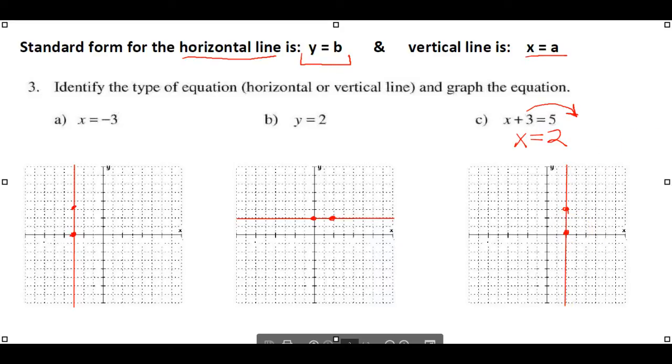Now, before we go to our next section where we'll cover this, I'd like also to mention that we're going to be studying slope. And we use the lowercase letter m to designate slope. What is the slope of a vertical line? Well, by definition, it is undefined.